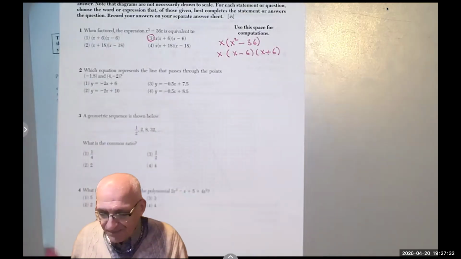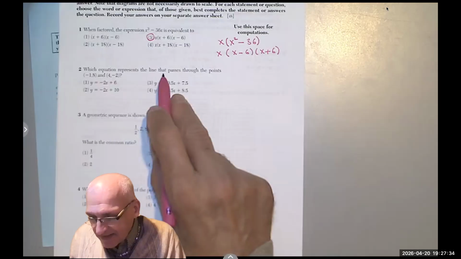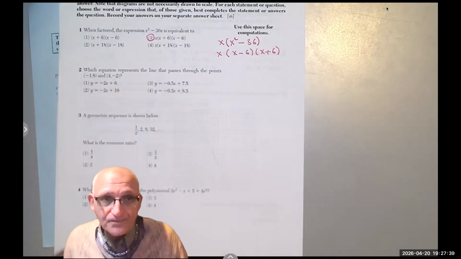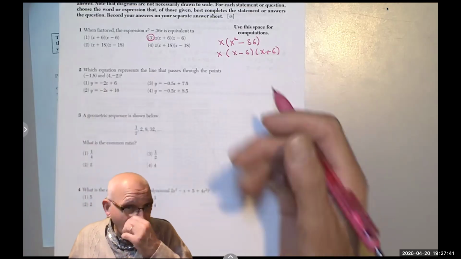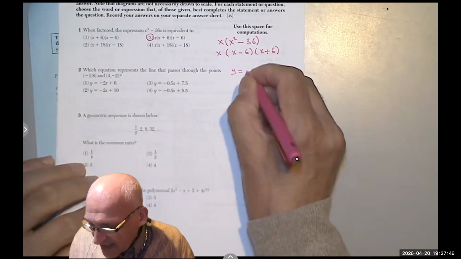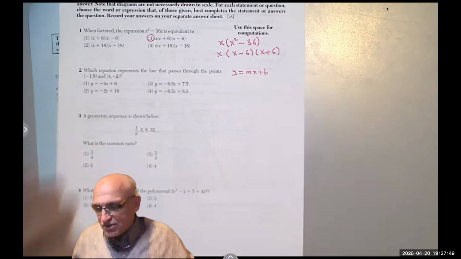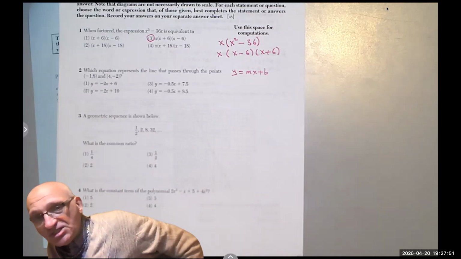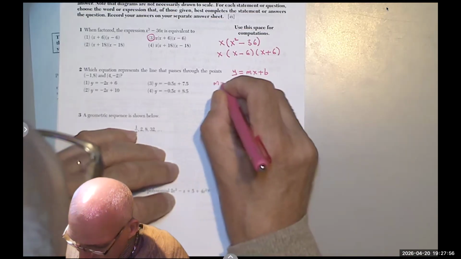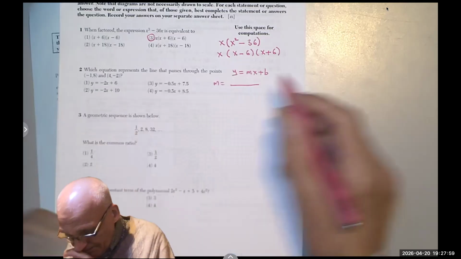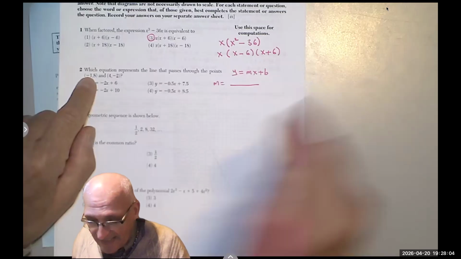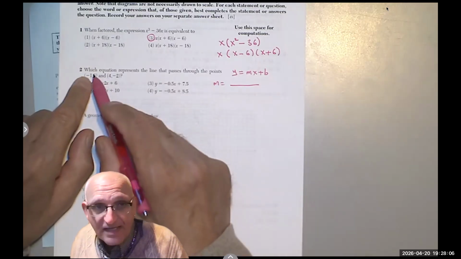Question number 2: which equation represents the line that passes through the points -1 and 8, 4 and -2? First of all, you know that we write y equals mx plus b, where m is the slope. The slope is the change in y over the change in x. It doesn't matter where you start, but if you start with one point, you have to start with it for both x and y.